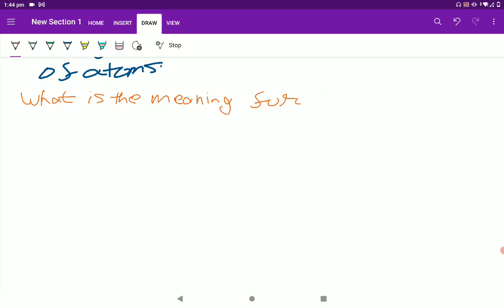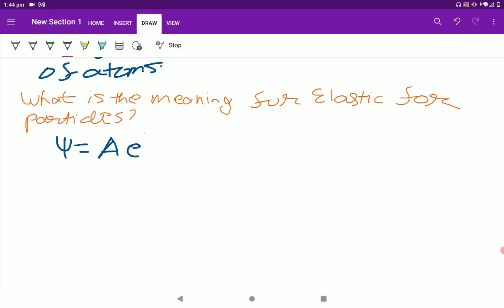If we send particles, we have free particles moving with some energy. For a free particle, the wave function is given by the plane wave, that is psi equal to A, where A is the amplitude, times the plane wave, e to the power i(k·r minus omega t).